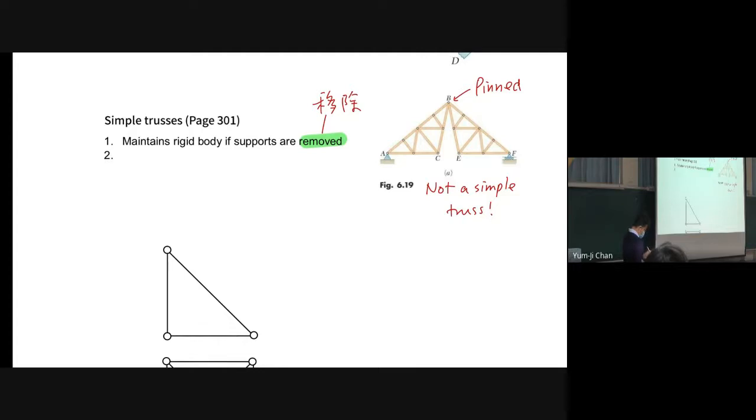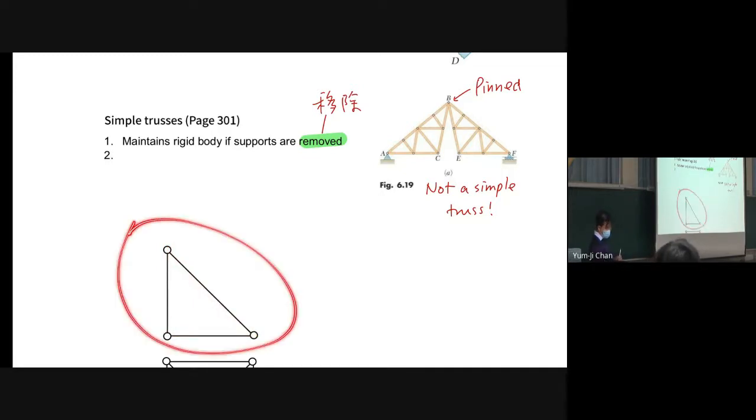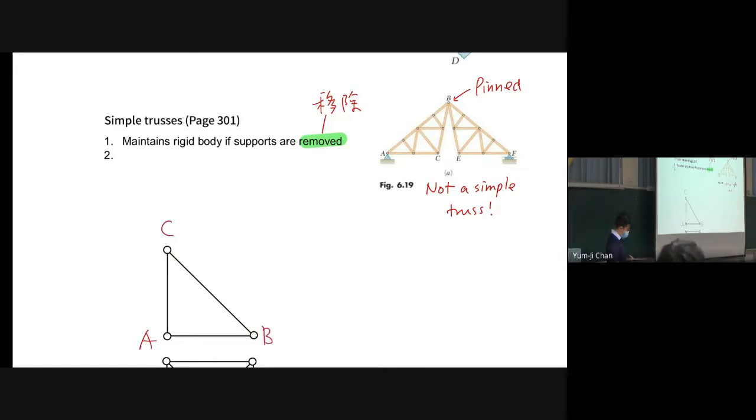And we have three members, 1, 2, and 3, and three joints, for example A, B, and C. So we have 3 members and 3 joints.